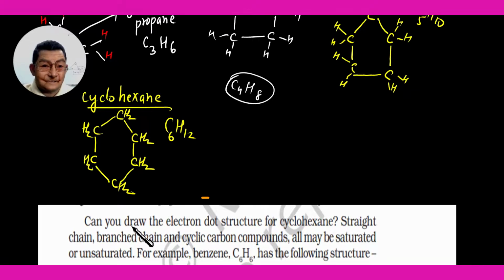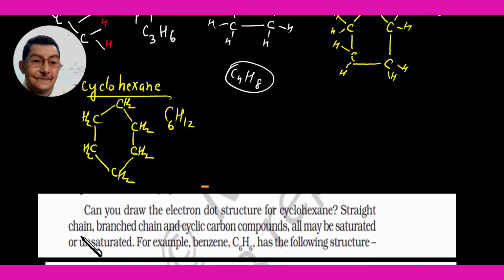And then you've got the ring structures which we have seen just now. In the ring also it could have a single bond, a double bond, or a triple bond, which means even the rings can be saturated or unsaturated.